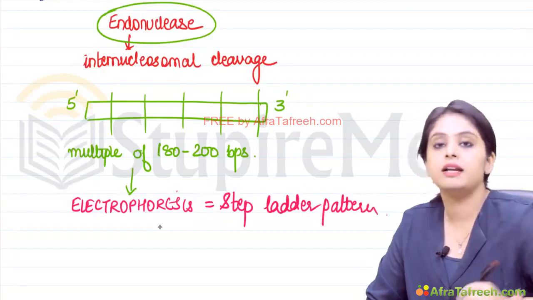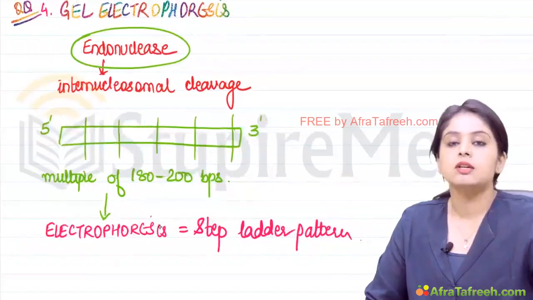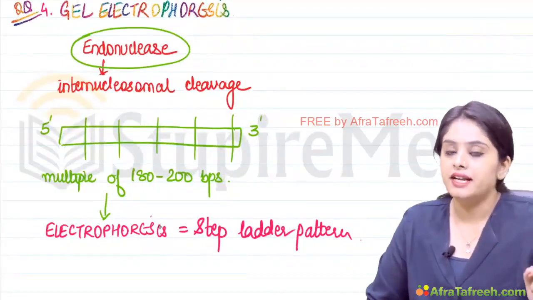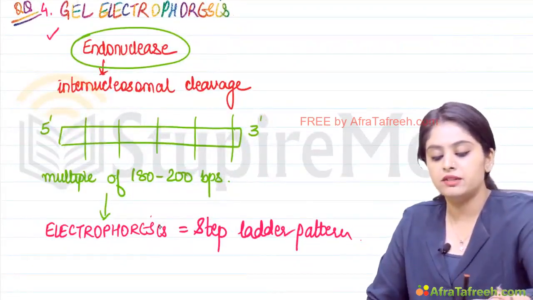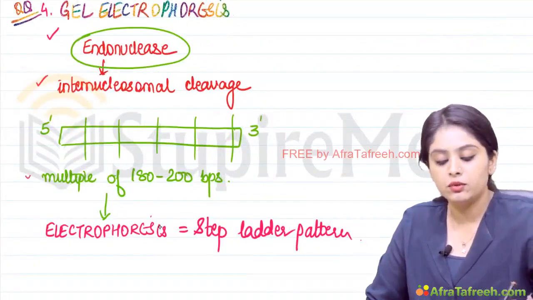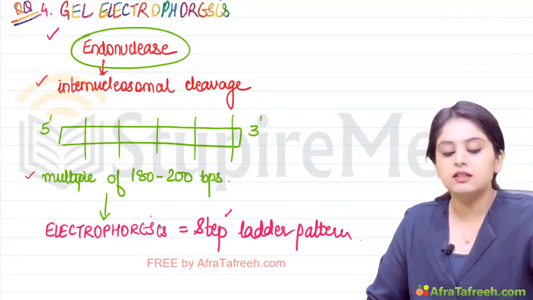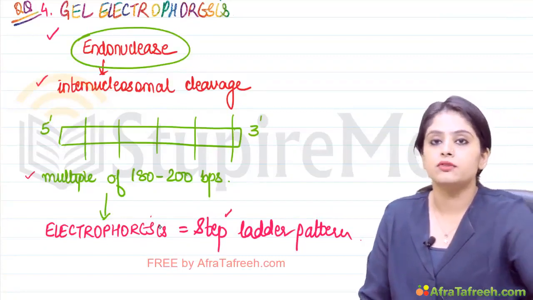So the enzyme activated is endonuclease. Endonuclease causes internucleosomal cleavage, breaking the DNA at multiples of 180 to 200 base pairs, and this results in a step ladder pattern on electrophoresis.